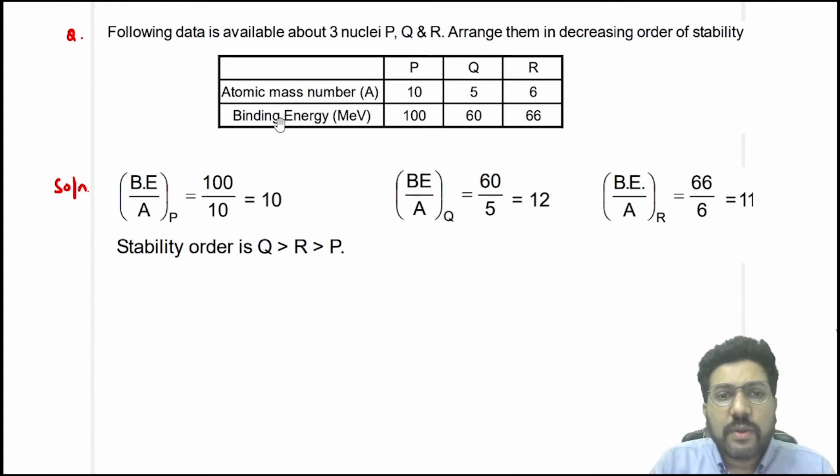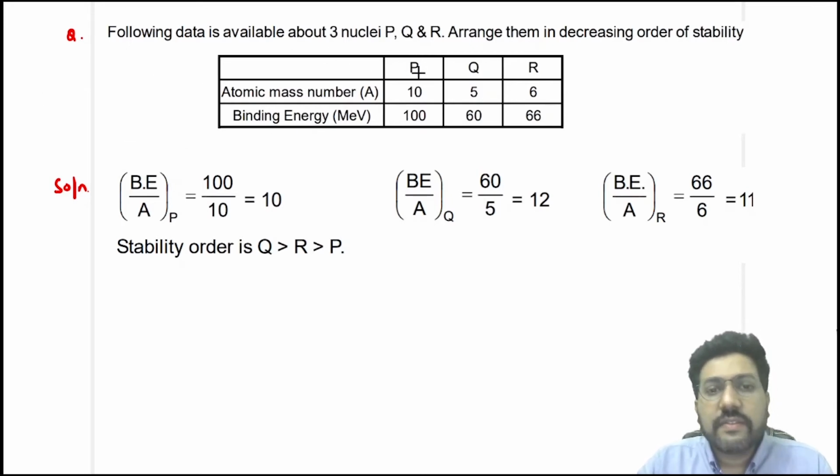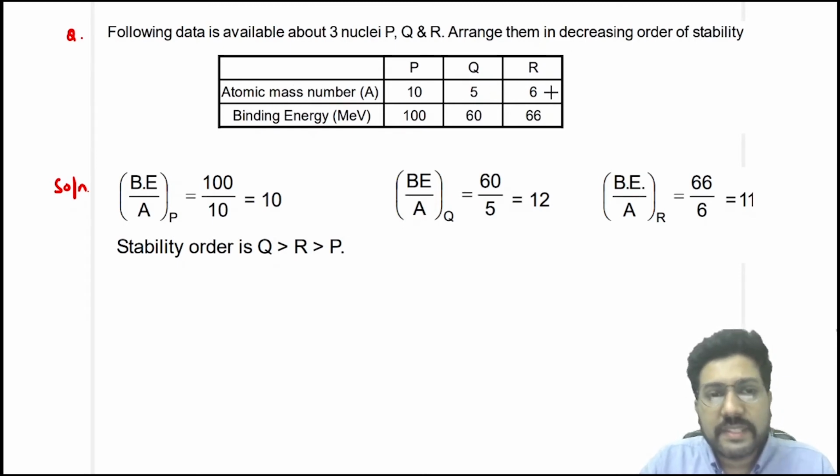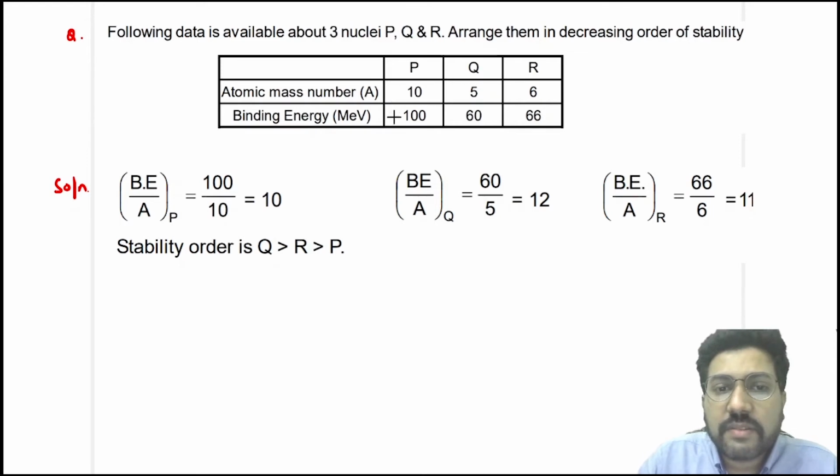Now, from this following data, find the order of stability. Okay, so you are given three nuclei. The first is P, second is Q, third is R. The atomic mass number of each of them is given and the binding energy is given. But you know that stability is decided not by the binding energy but by the binding energy per nucleon. See, this has more mass number, this has more binding energy, but this is not necessarily more stable.